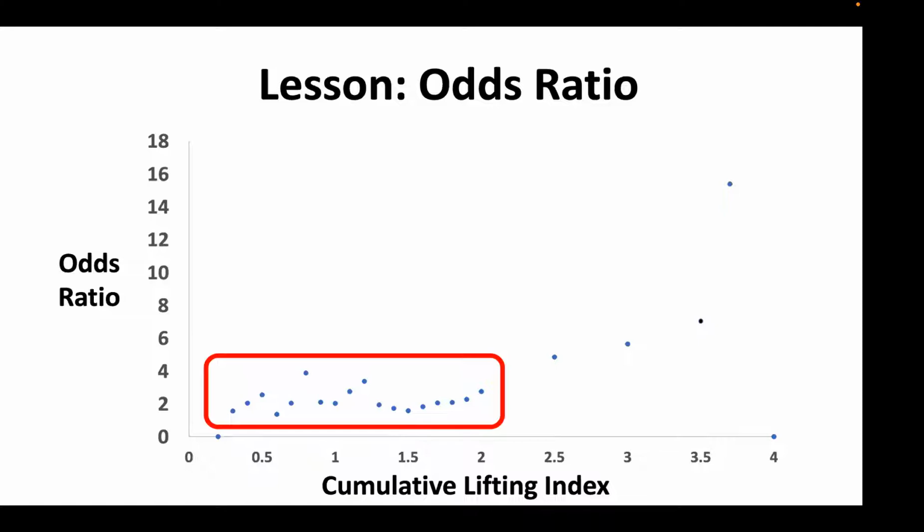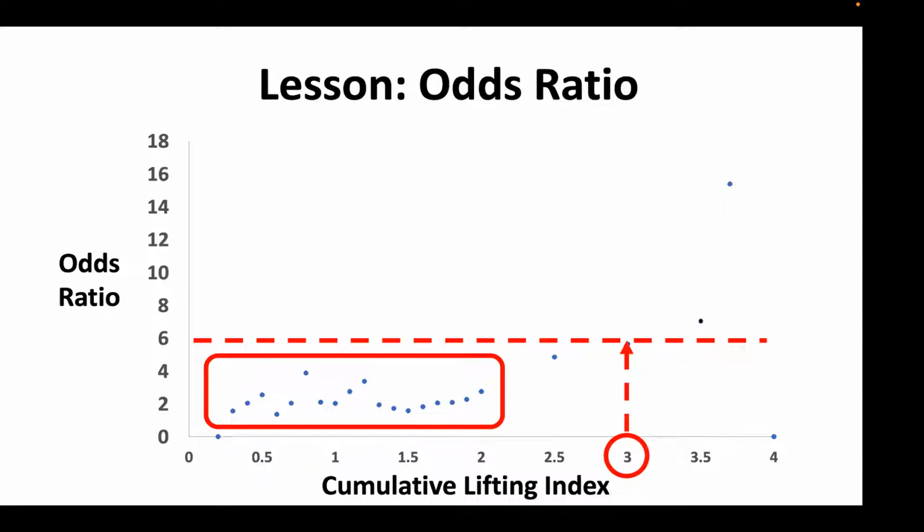As the index goes up, that ratio goes up. And here's the magic cut point that NIOSH had suggested of 3.0, that's hazardous for most people. The odds ratio is 6, meaning if your score is above 3 versus below 3, you're 6 times as likely to be hurt.